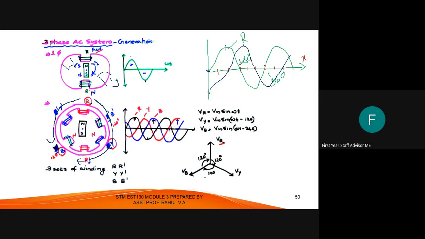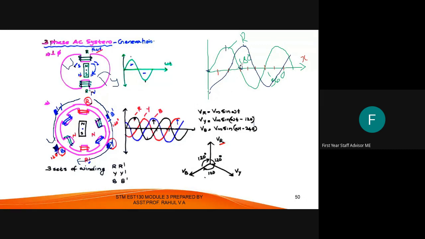So when it is rotating, the north pole will come to the B winding and then later it will go to the R winding. So I can say that the voltage at the B winding is leading the R winding by an angle of 120 degrees.